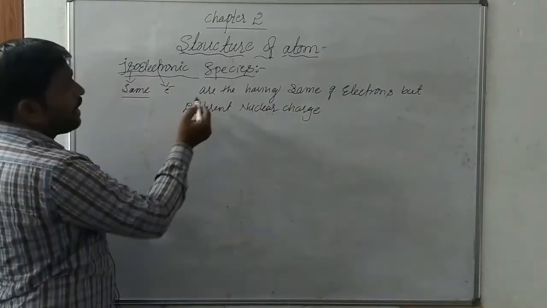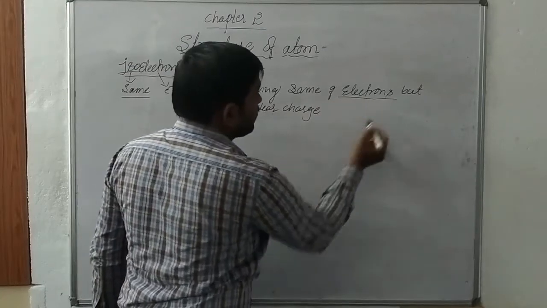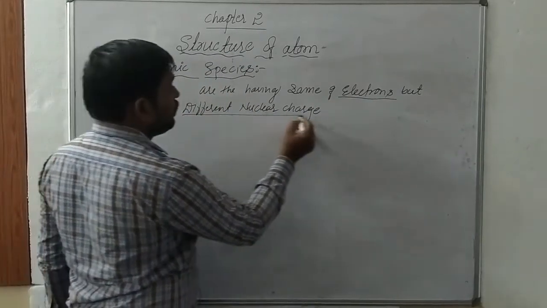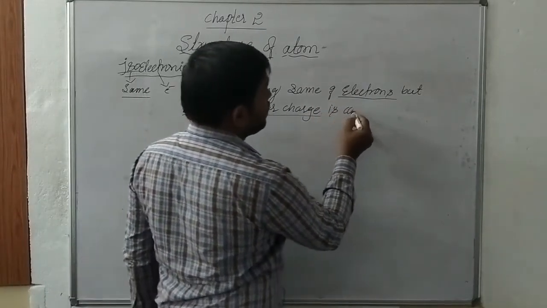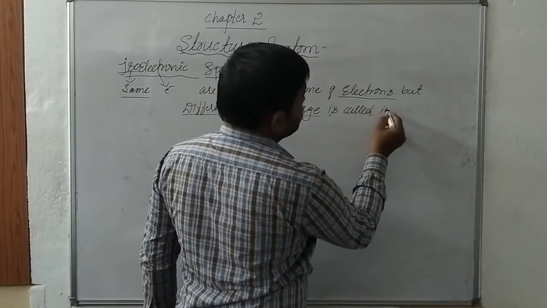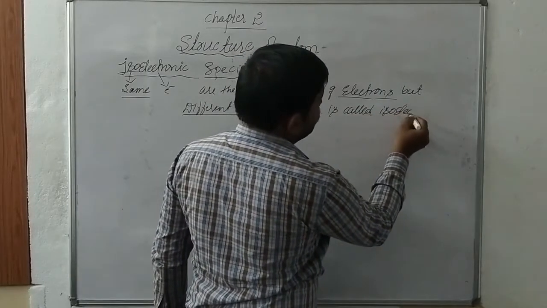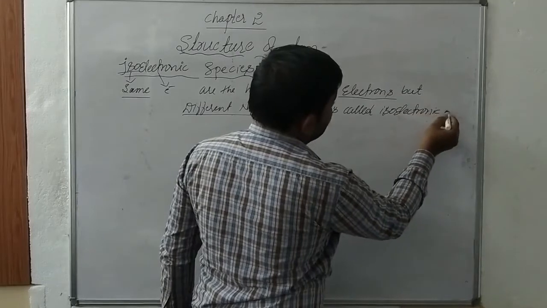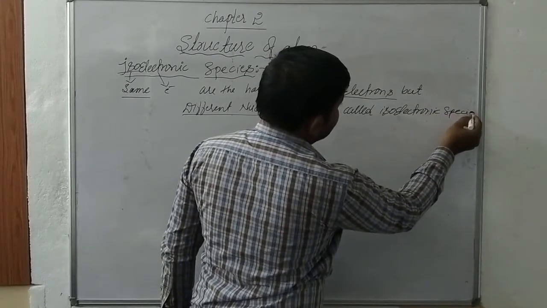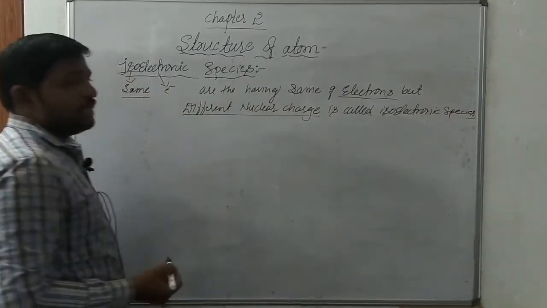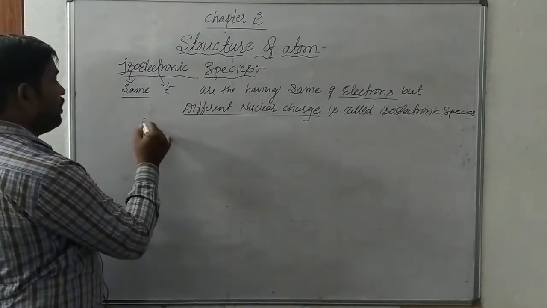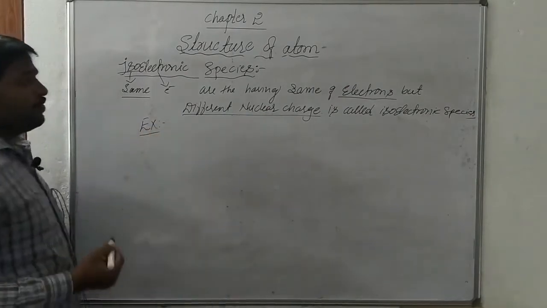Elements or ions having the same electrons but different nuclear charge are called isoelectronic species. For example, how can you give an example for isoelectronic species?